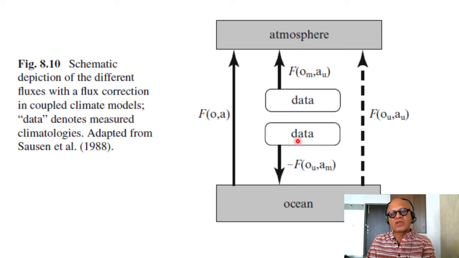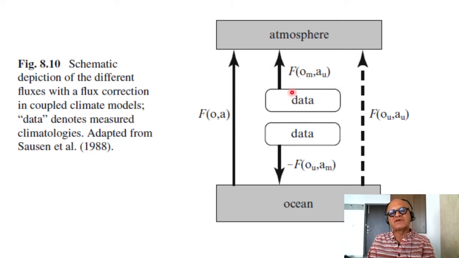Similarly, you take what the atmosphere produces and replace the atmospheric state with the measured atmospheric state to give the ocean the uncoupled fluxes that it needs to see. So there is a coupled flux that is produced by the ocean atmosphere model, and there are corrected fluxes that the ocean sees, nudged by measured atmospheric data, or conditions like humidity, could be various other parameters.